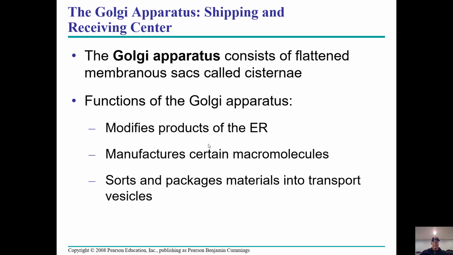So the Golgi is made up of just a bunch of membranes that are filled with enzymes. We call them cisternae. I don't really know too many people that call them that, but a cistern is like a sewer, so something to think about.